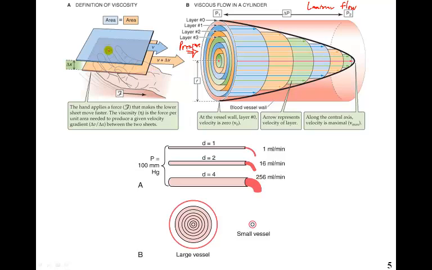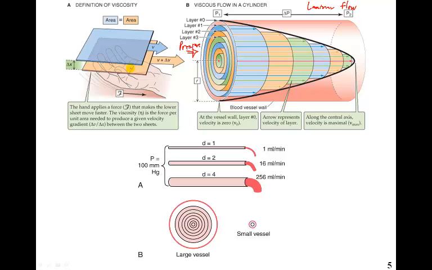You can imagine a real gooey fluid, like jelly. If you try to move the top layer of jelly, it's going to stick to the layers beneath it. And so this stickiness of the different layers of a fluid is called viscosity. It basically says how fast can I move one layer past another layer, and how much force do I have to apply to move a layer past another layer.